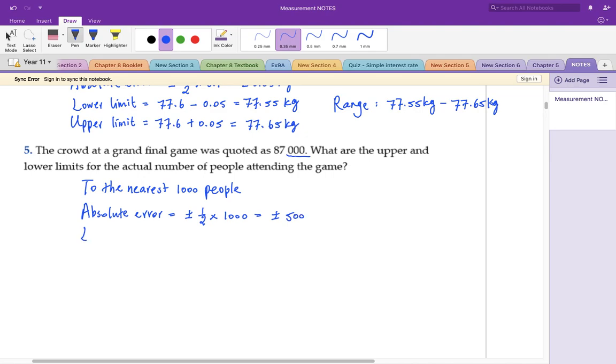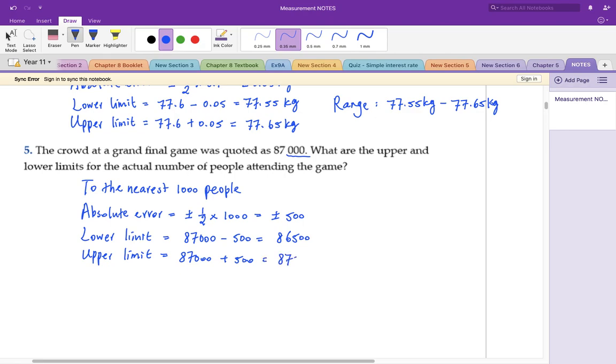So the lower limit is equal to your actual measurement minus the error, and then the upper limit is equal to 87k plus 500.